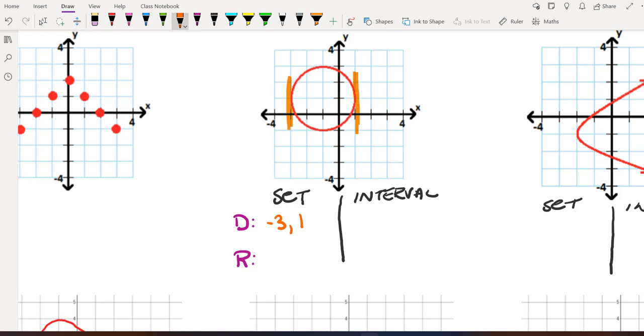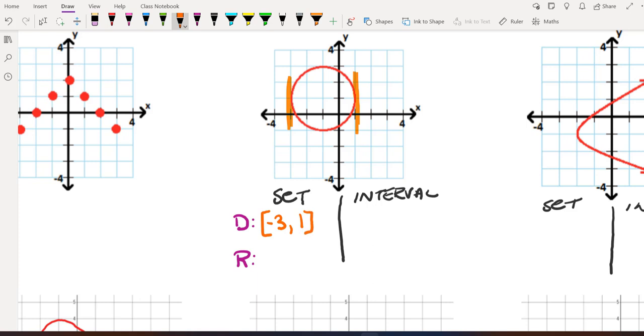So if it's a solid dot or a line, it's included. If it's a hollow dot or an arrow, it's not. So here we have a solid line. The graph can be the value of -3. So we give this a square bracket. Same with the other one.